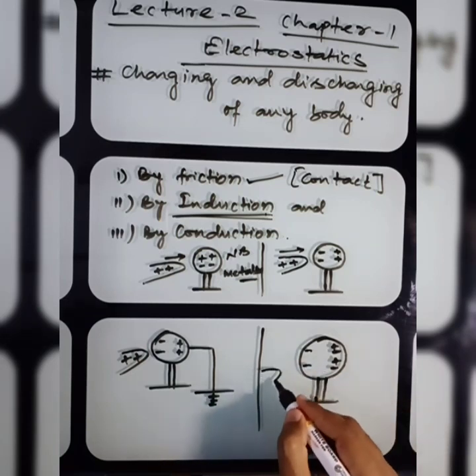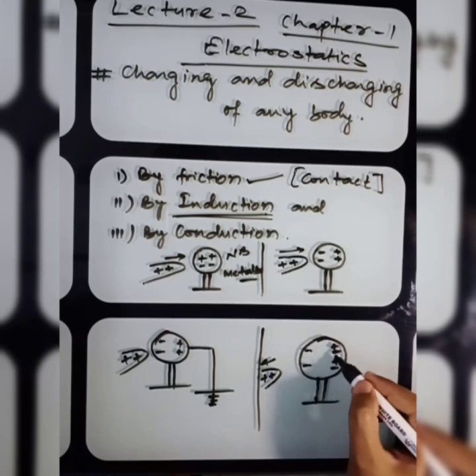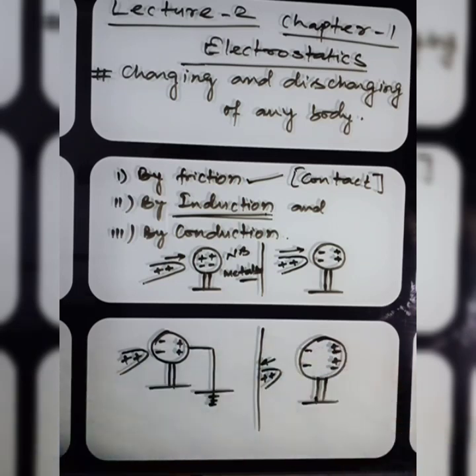Now bring this rod away from this sphere. Since the positive charge has been neutralized, we now have an excess of negative charge.